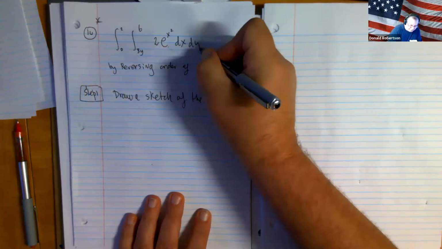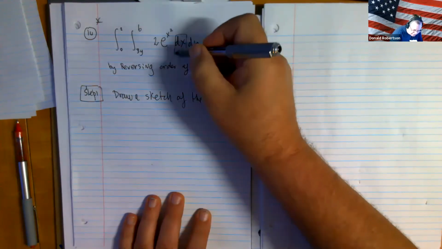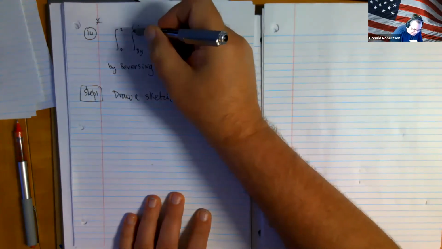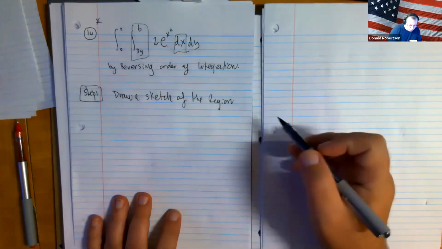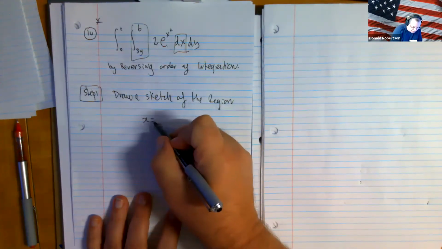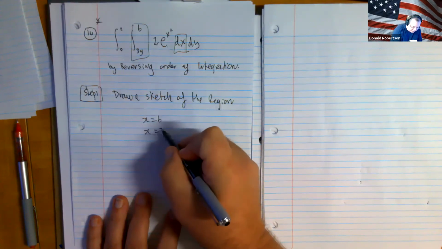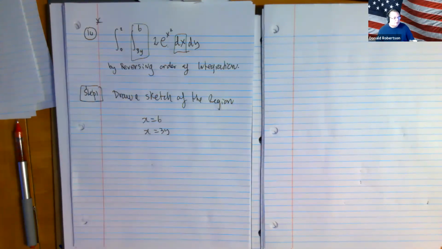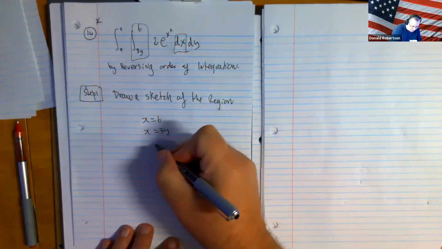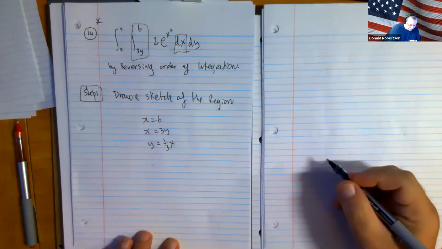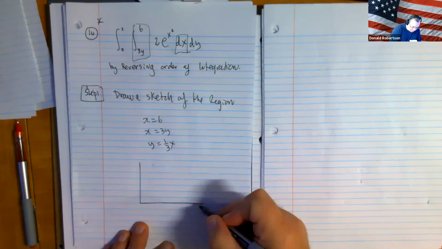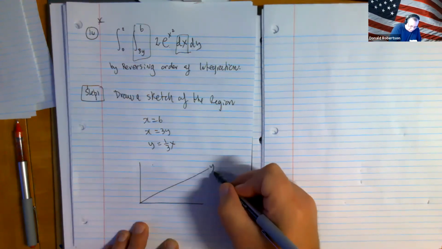There we go. Because this says dx, and you see this guy here, right? Dx and this guy here, would you agree that we're looking at x equals 6 and x equals 3y? Now, if I rearrange that one, isn't it a little bit easier to think of it as 1/3 x, just for drawing purposes? So I'm going to draw a picture, and I'm going to draw a line, and I'm going to call it 1/3 x.